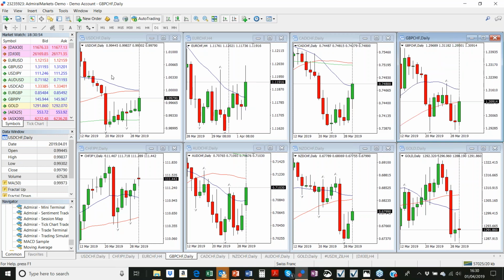I've just shifted that all to the daily charts. We can see what's been going on there. For the most part, we've seen a little bit of Swiss strength, but today we've just had a little bit of movement.